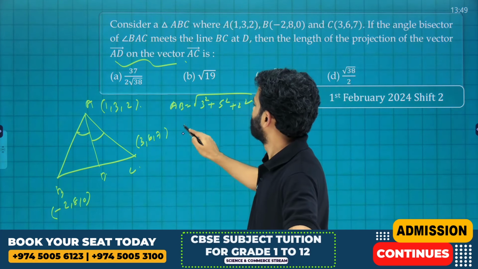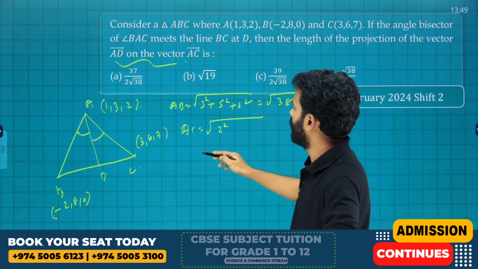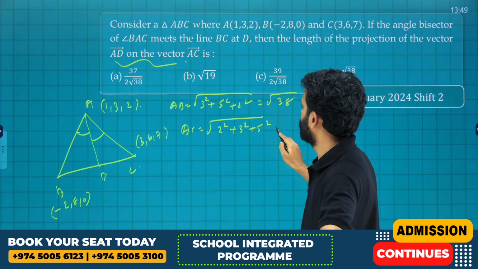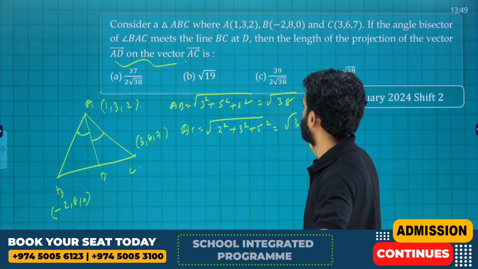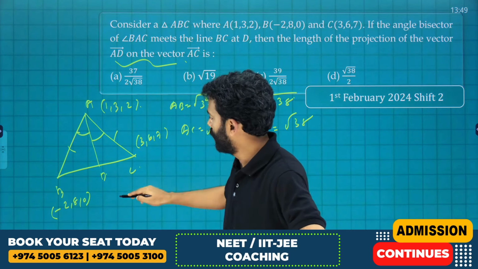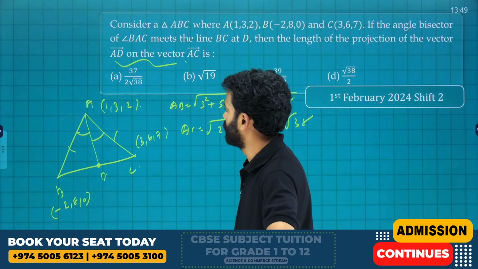And what about AC? 1 minus 3 is minus 2, whole square, 2 square plus 3 square plus 5 square. It's the same, right? That is root 38. So this and this are the same, so applying the SAS postulate, this side and this side have the same length. So basically D is the midpoint.